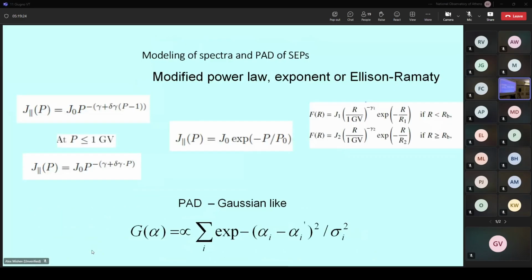So in our model, we can assume different types of spectra, just several examples. Either a modified power law or exponential, or Ellison-Ramaty can be assumed, or a band function.